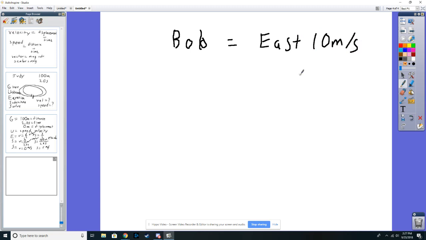And he travels a total distance of 40 meters. So he goes 40 meters east, 10 meters per second. How long would that take him?